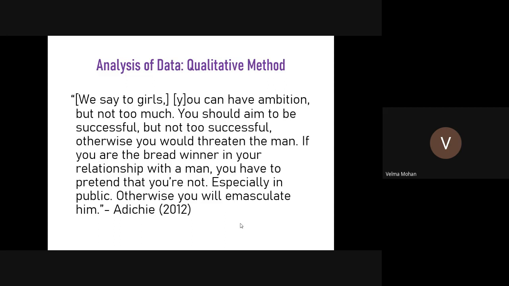So this has been taken from Chimamanda Ngozi Adichie's 2012 TEDx talk entitled "We Should All Be Feminists." So when you write, this is the qualitative data that the researcher has gathered.